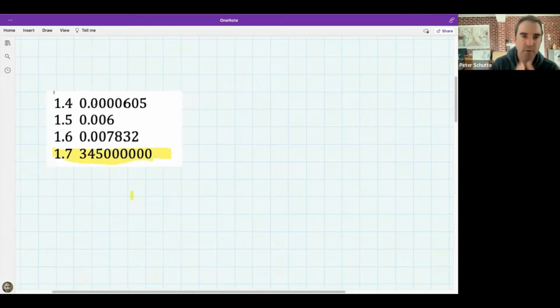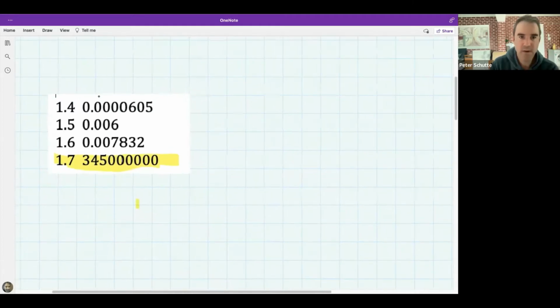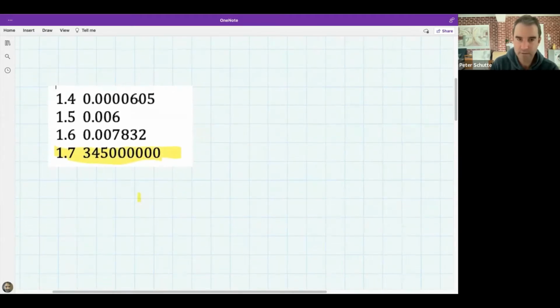Now, whenever we write something in scientific notation, we always want the decimal point to be in front of just one number. So in 1.4, we recognize this is a very small number because of all these zeros, 0.000 and so on. What we want is to move this decimal point from here, 1, 2, 3, 4, 5.